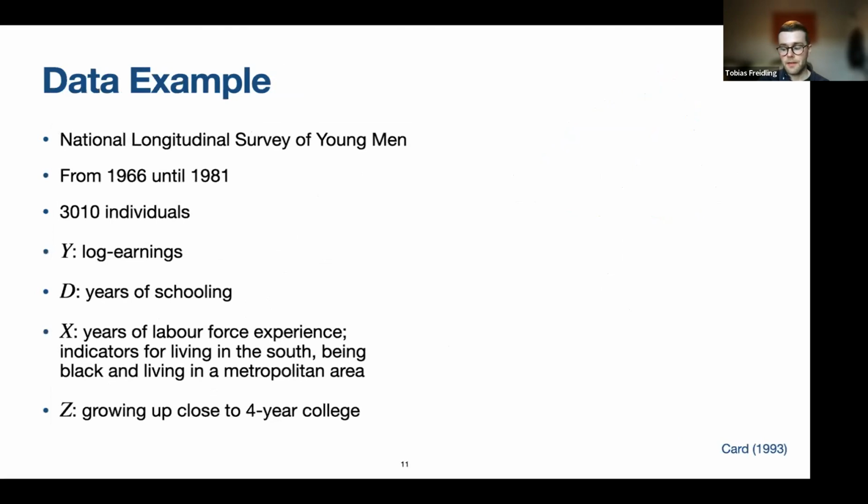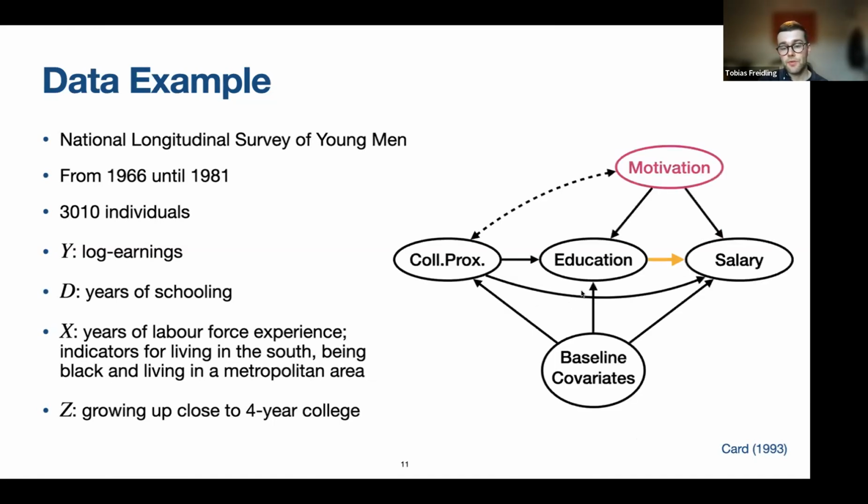So now let's apply this on an actual data set. And here we use the one that was analyzed in this paper by Card. And here we want to assess how education causally affects salary.